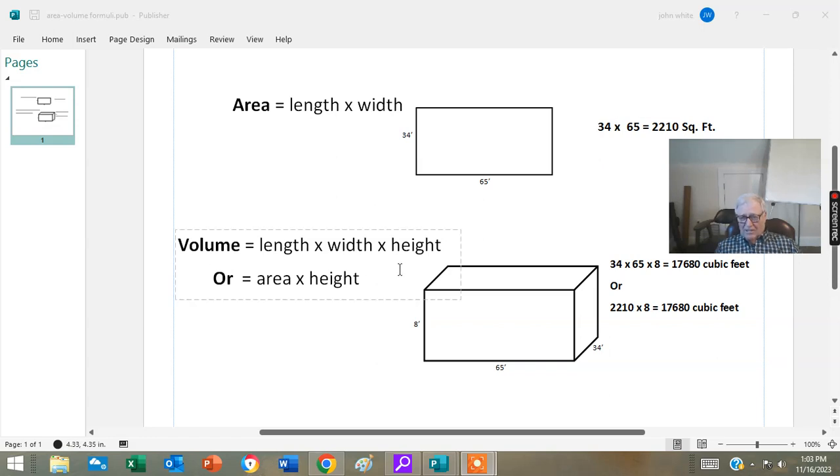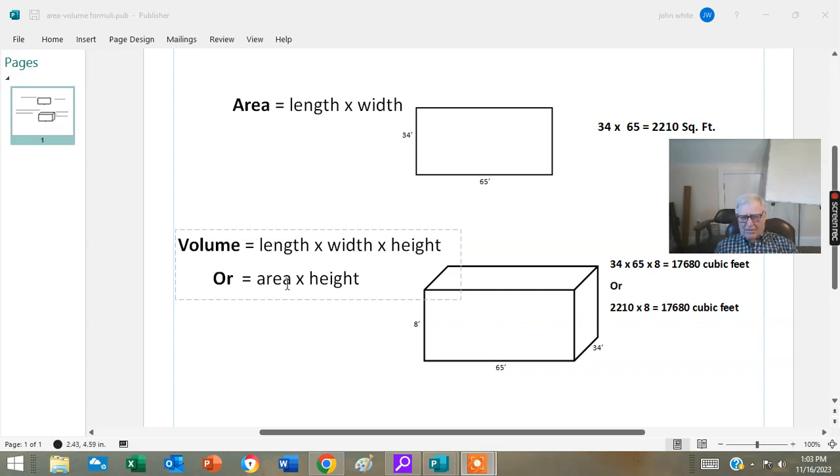To get the volume of this house, you need to know the length times the width times the height, which is 34 feet times 65 feet times the 8-foot height, which comes to 17,680 cubic feet. Or you could just take the area, because the length times the width is the area.